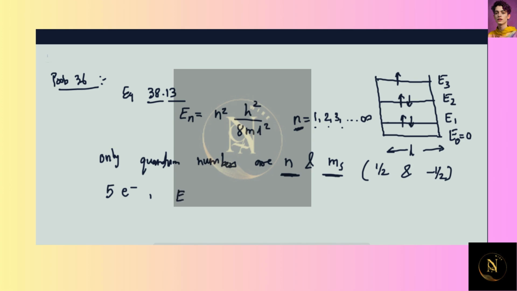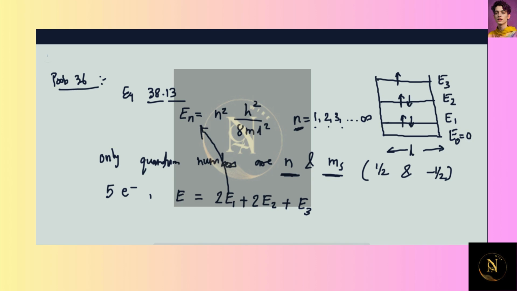So the lowest energy will be: there will be 2 electrons in the first state, 2 electrons in the second state, and 1 electron in the third state. So we calculate E1, E2, and E3 using this formula.